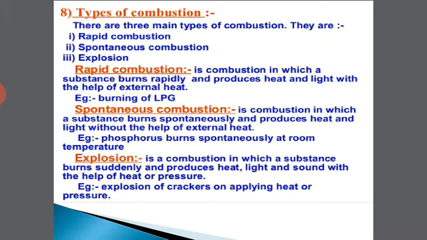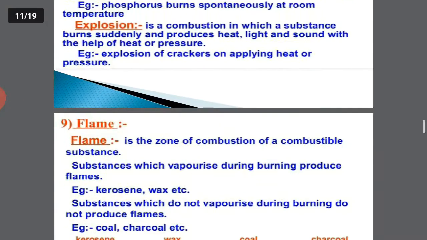I think you understood all three types of combustion with examples also. Rapid combustion, burning of LPG. Spontaneous combustion, phosphorus burns spontaneously at room temperature. Explosion of crackers on applying heat or pressure.